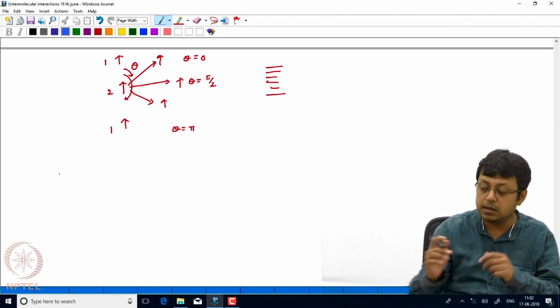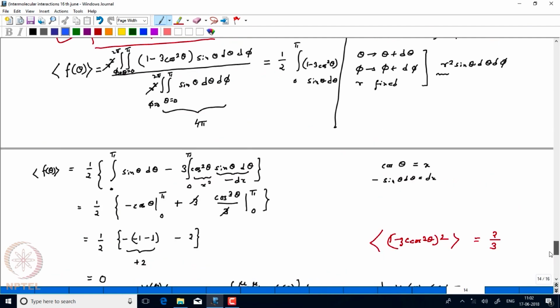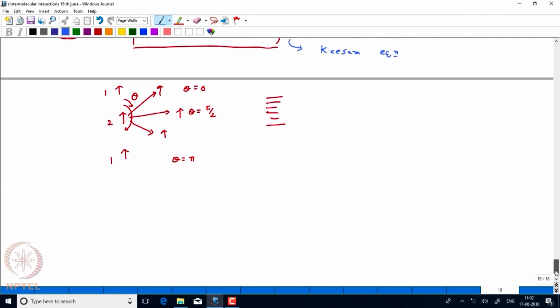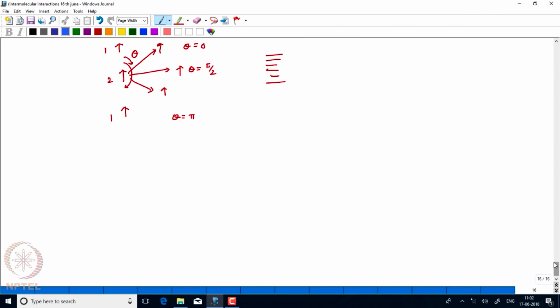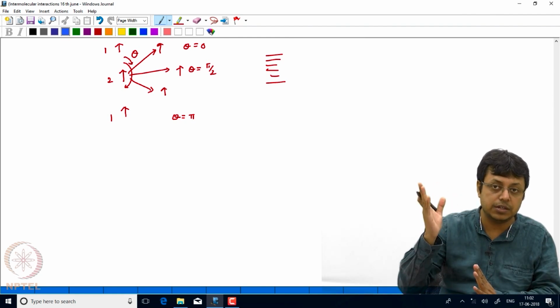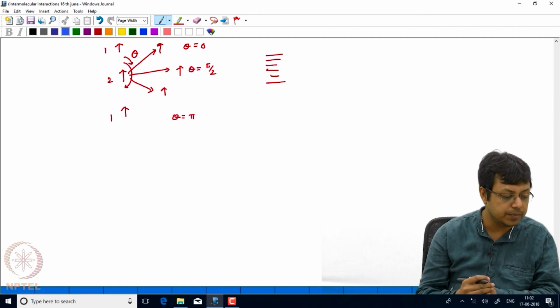I did not discuss this thing. This equation is known as the Keesom equation, which takes into account all kinds of orientational averages for the dipoles, but again it's for the parallel orientation, not for the tilt angle orientation.